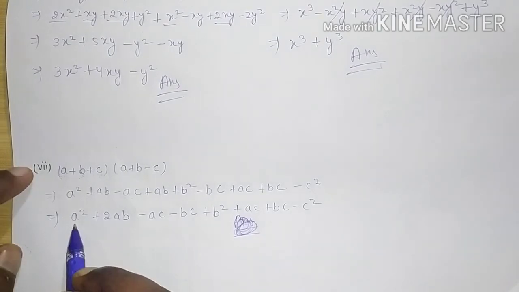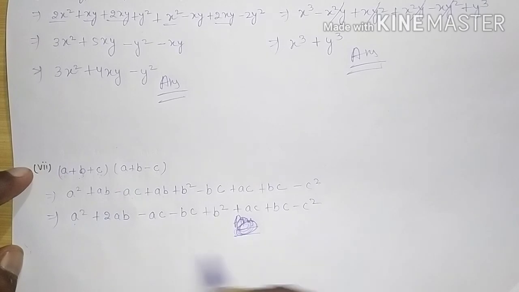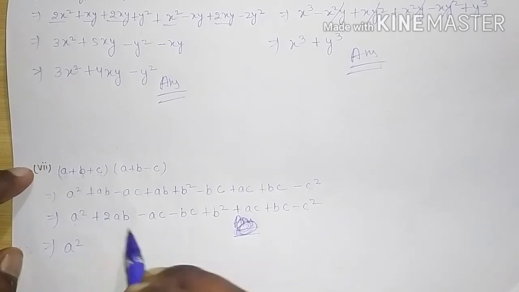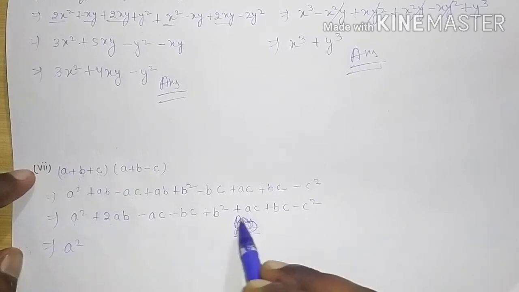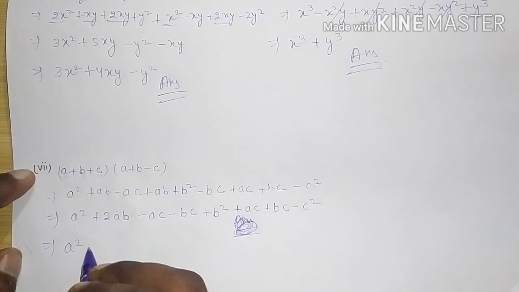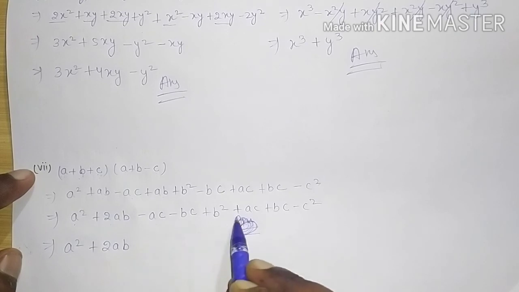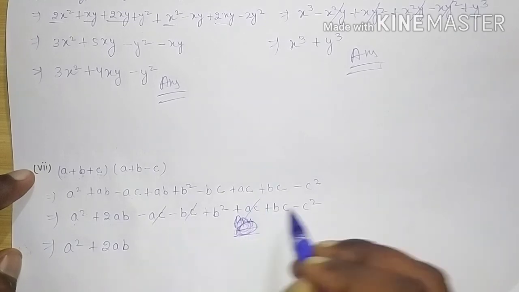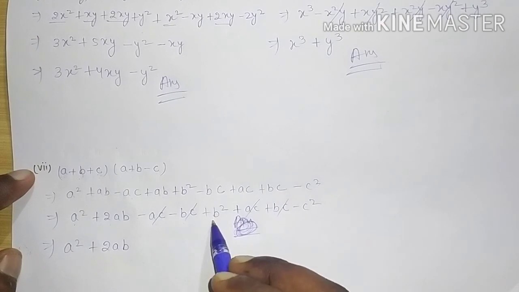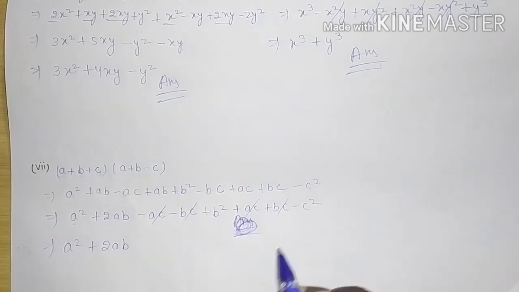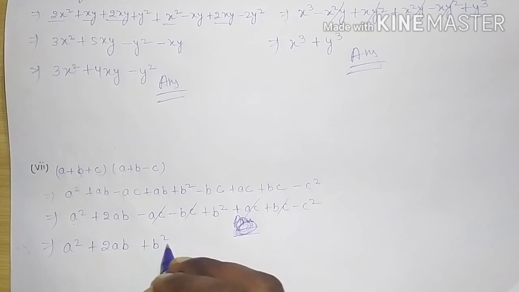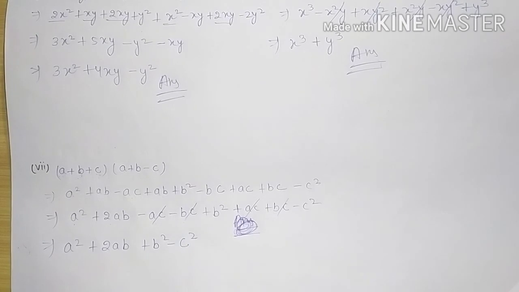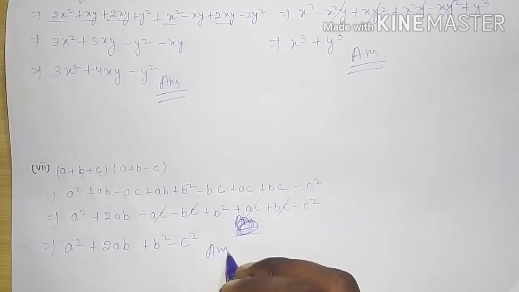Now there is a square, 2ab, so here we can write 2ab, minus ac plus ac, it will be cancelled out. Minus bc plus bc, it will be cancelled out. B square minus c square, so this is b square minus c square. Now this is the answer.